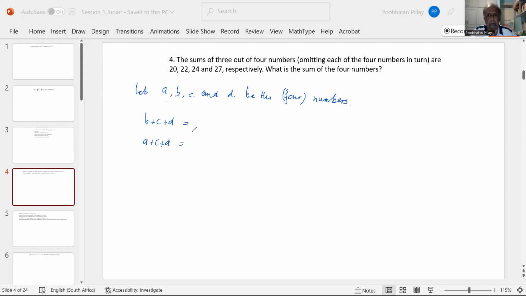And then if you remove C, you'll have A plus B plus D. And then finally, if you remove D, you'll have A plus B plus C. Now, these are equal to these 4 numbers. Doesn't really matter. We'll just put them as 20, 22, 24, and 37.